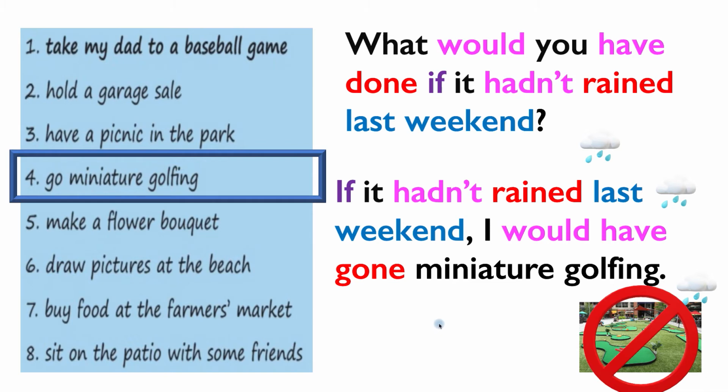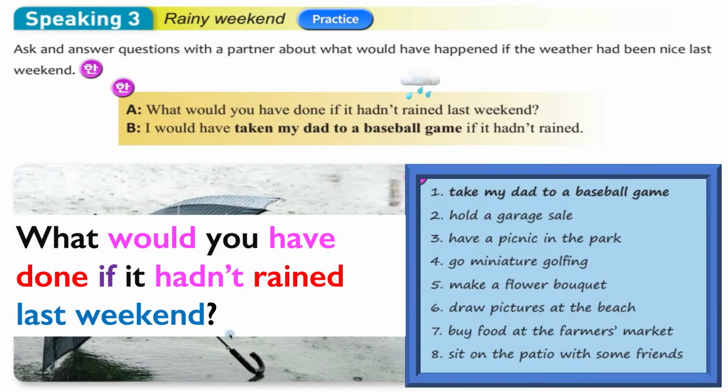It gives you an idea that something happened in the past, it rained, and because it rained, you didn't do something, but you wish you had done it. The question creates these situations that you didn't do. That's the power of language.